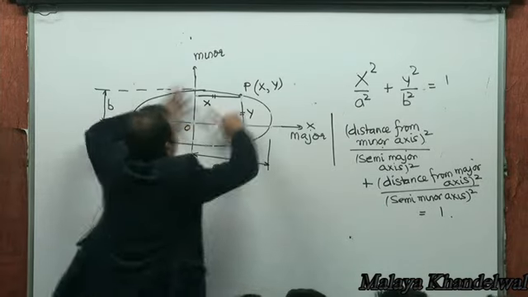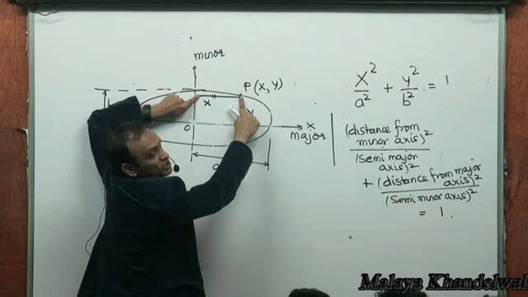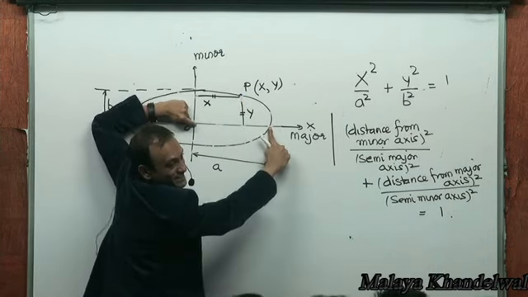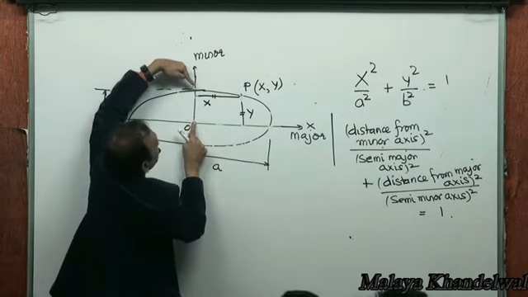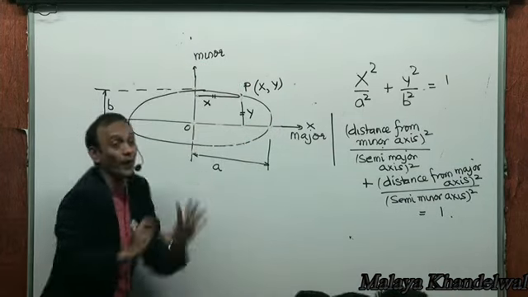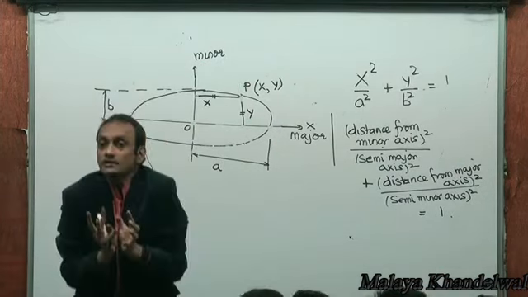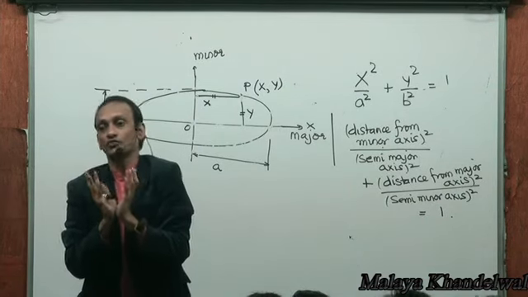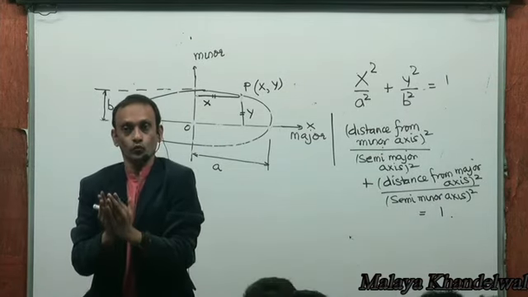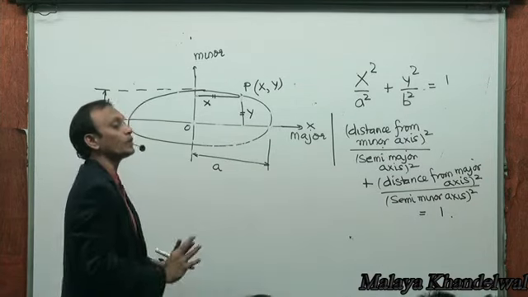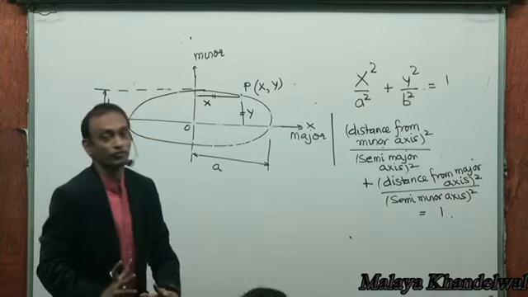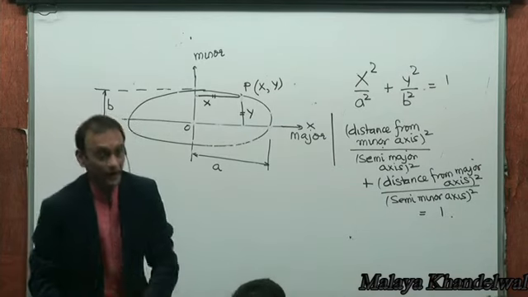Essentially, the equation of the ellipse is this distance squared divided by this distance squared, isn't it? That's the physical understanding of the equation of the ellipse. Yes or no? Do you all understand this? Now this is what we will put to use for the next problem, right?